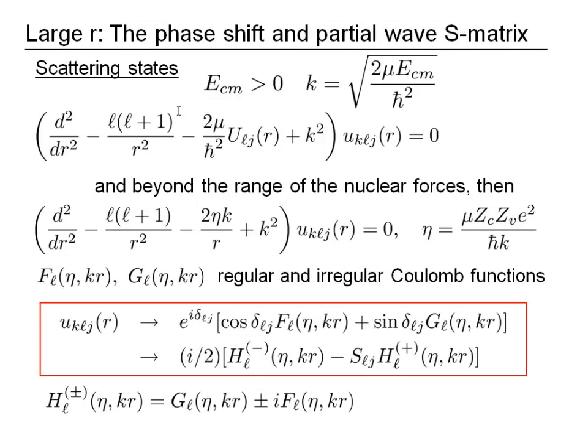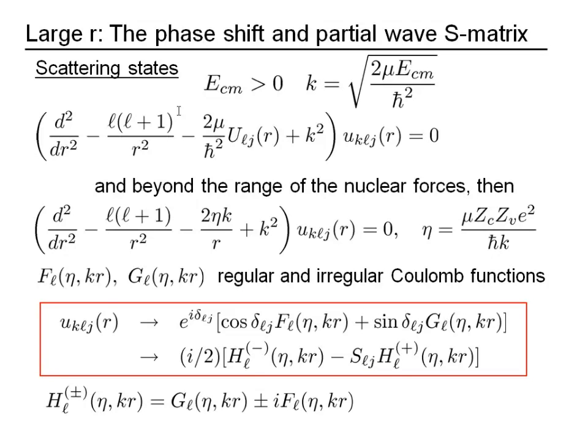Okay? Two conventional ones are what I've got here. One is writing it in terms of sine and cosine of the phase shift. Another one is in this form. This is exactly the same as this, but you've just used some trigonometric identities for the sine and the cosine. So this is more often used, and this is called the S-matrix form. And physically it's rather more obvious than looking at this one, in the sense that this combination, remember I said this is basically a cosine, and this is basically a sine, right?